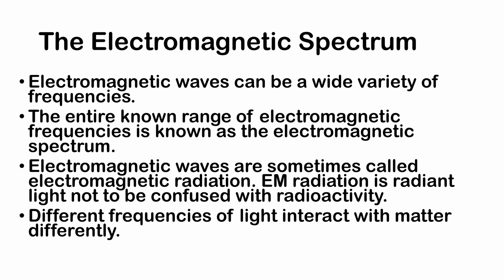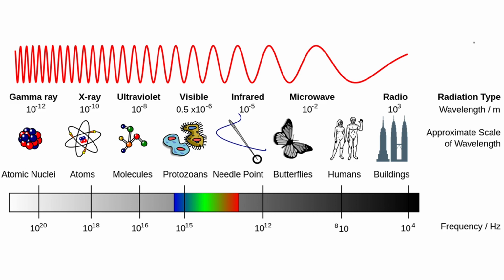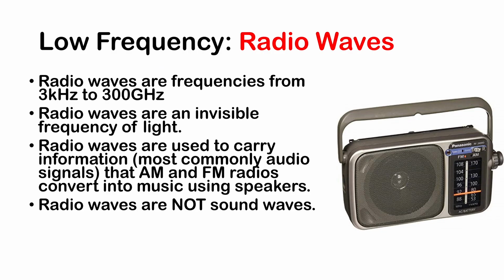The EM, talking about electromagnetic radiation, is radiant light, not to be confused with radioactivity. Those are two different things. Different frequencies of light interact with matter differently, and that is super important because that's how we can utilize these things and develop awesome things like solar panels. We've seen that slide before, so I'm going to continue on.